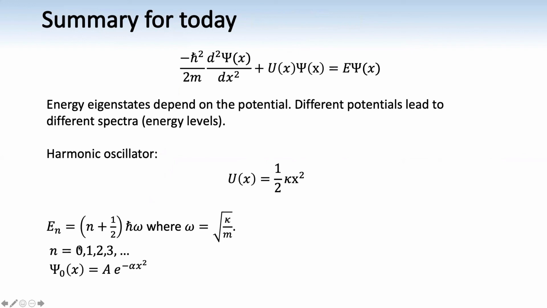N, remember, could be 0, unlike the case of the infinite potential well, where N started with 1. So here N could be 0 because you don't get 0 energy here. And omega is given by the square root of kappa over M. And this is the ground state energy of the harmonic oscillator potential. Okay, have a good day.